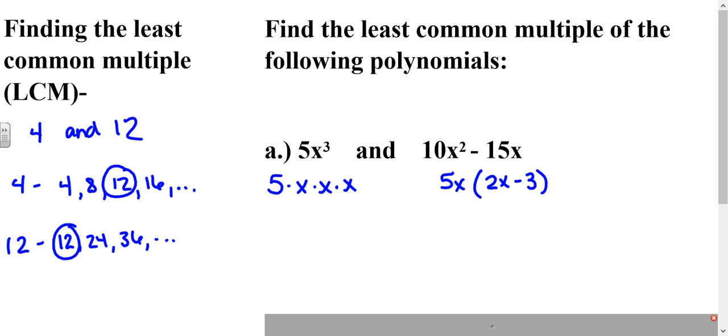So this is what these two expressions are made up of, the factors of those expressions. If I'm trying to find the least common multiple of these, I'm going to say, what do they both have? It's almost like finding a common denominator. This one has a 5x already, and this one has a 5x already. Now I need to say what's missing from this one and what's missing from the other one.